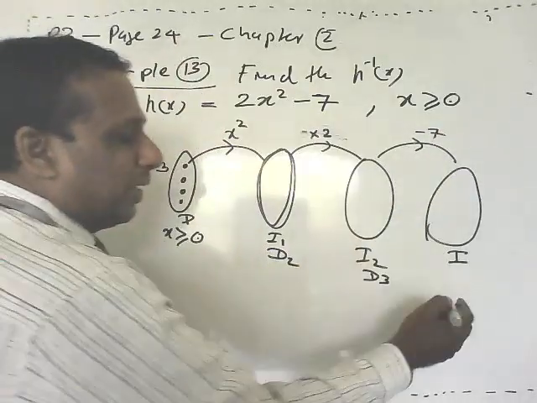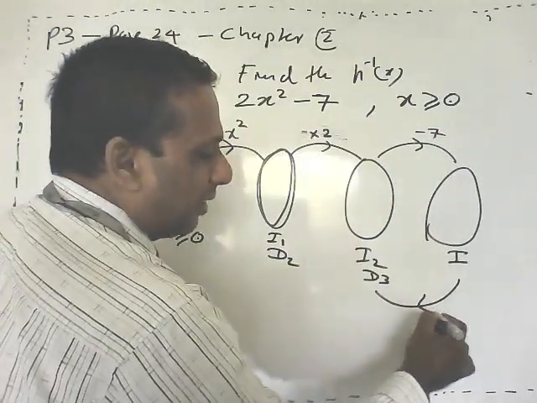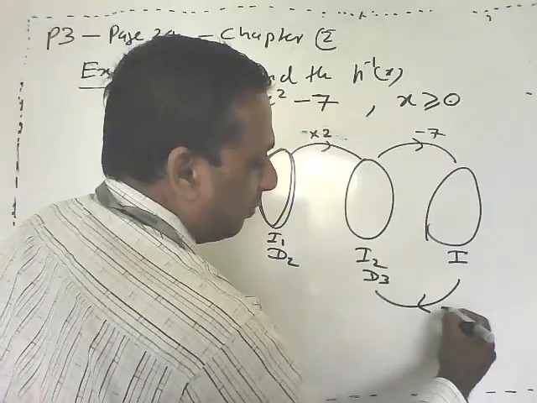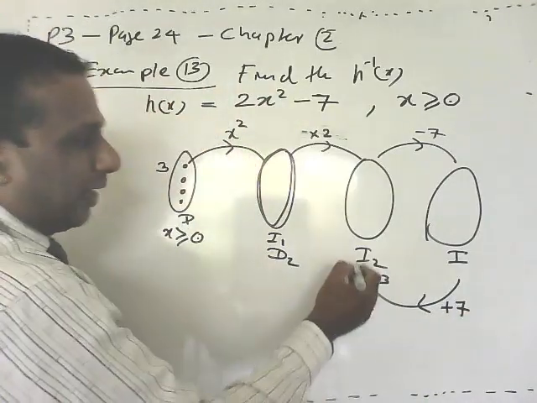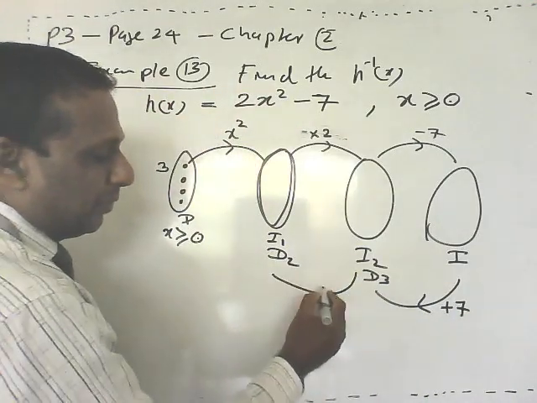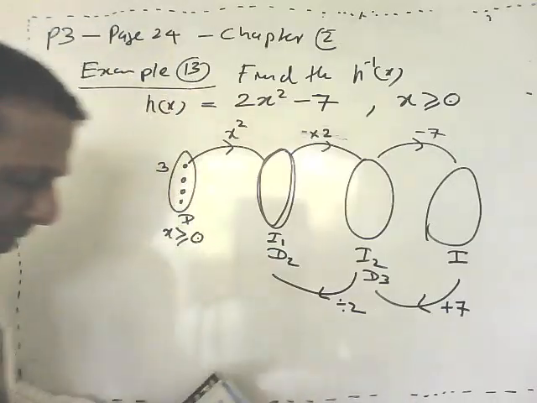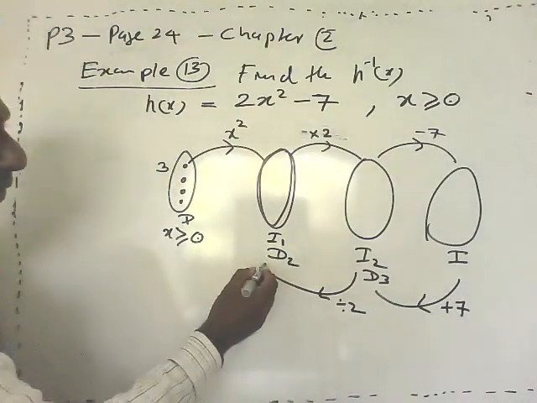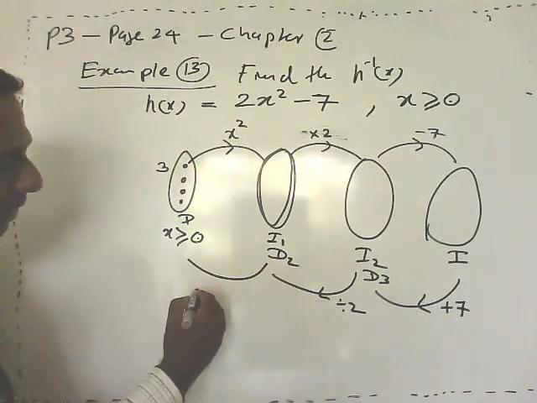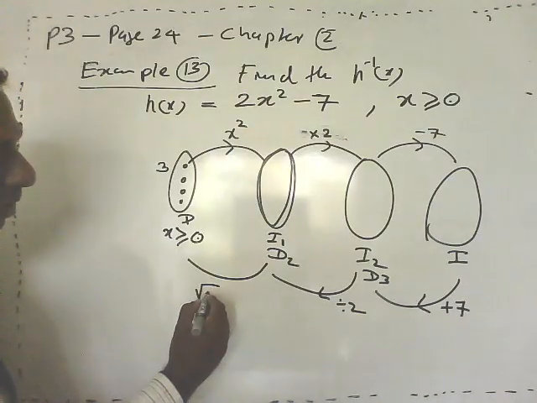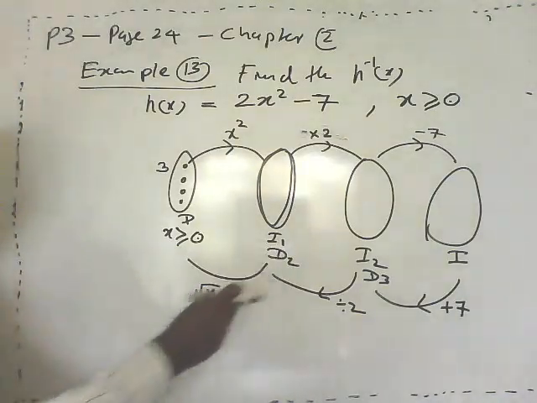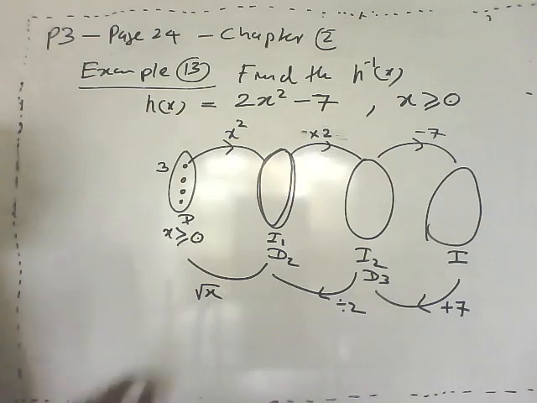So how to get the original one? You have to add 7, then divide by 2, and take the square root. Then you will get the original.